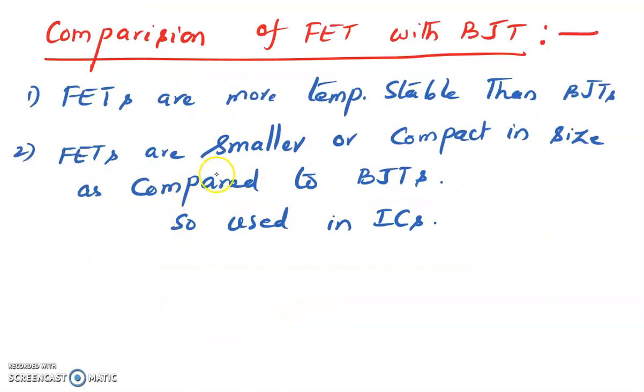Then we have a comparison of the field effect transistor with the bipolar junction transistor. The first comparison is that field effect transistors are more temperature stable than bipolar junction transistors. In bipolar junction transistors there is a problem called thermal runaway.